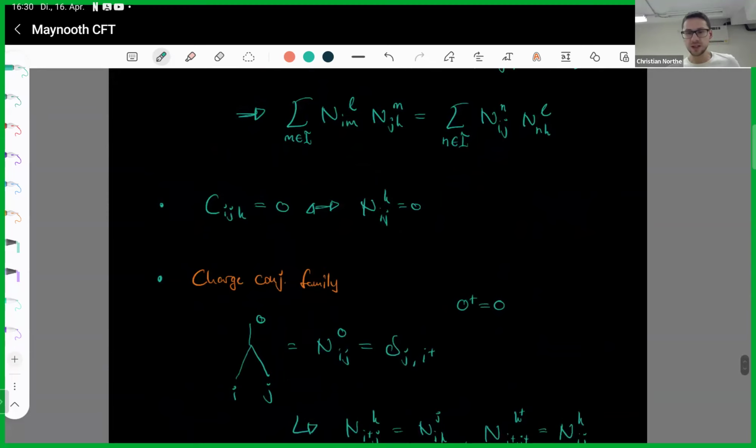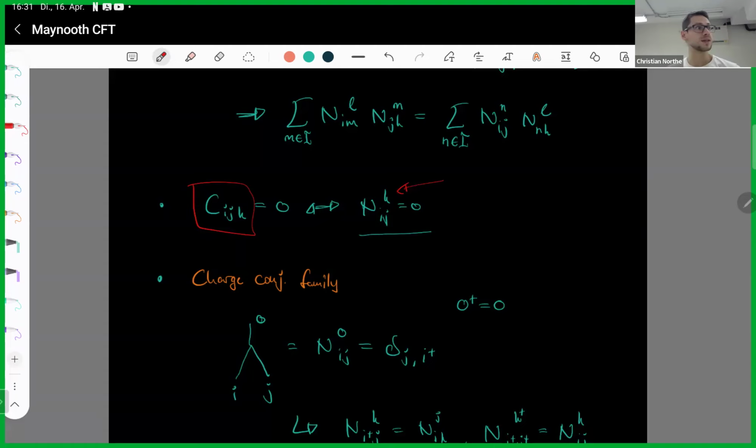In essence, this number captures the most basic data. The interaction strength, the 3-point coefficient, carries much more information than this thing. So the fusion coefficient has much less information than the actual interaction strength.